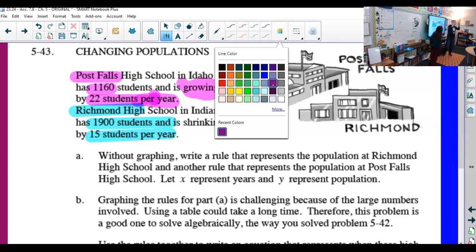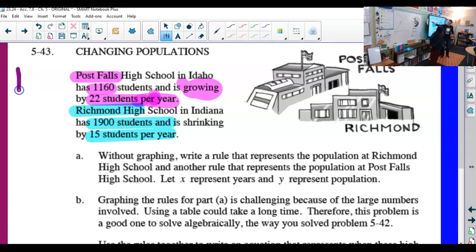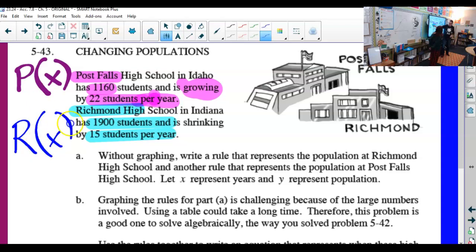Instead of saying Y, if we're talking about Post Falls, we can say Post Falls with an input of X, and that takes the place of Y. This is what we call function notation. Similarly for Richmond, we can say Richmond with an input of X.